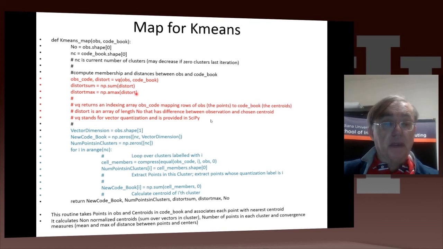We sum that up for the distortion, and we find the maximum value over the points for the maximum distortion. Then we run over each cluster, and we calculate the contribution to the cluster centers from each point. That is essentially the same as what was done in the original K-means code, the only slight difference being we don't do the division. And then we return these things here, which we already accessed in the previous slide.